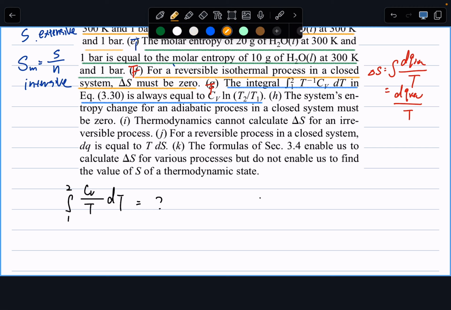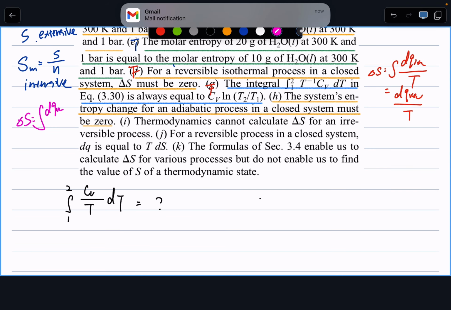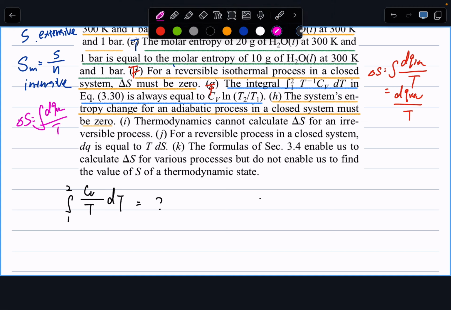Next up, we have the system's entropy change for an adiabatic process in a closed system must be 0. So this one is again a tricky one. We're talking about delta S, so writing out delta S equals the integral of dq reversible over T. It gives us an adiabatic process, so the total heat transfer equals 0.